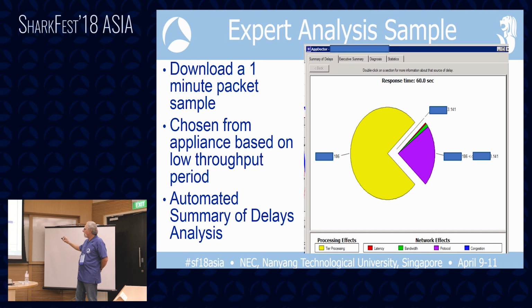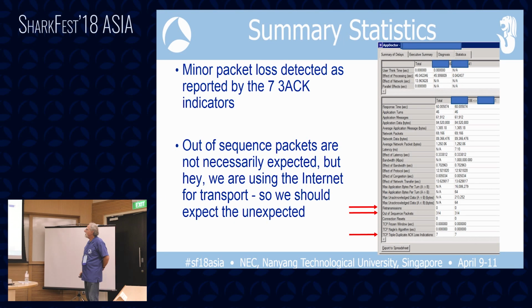And this particular view shows that about 75% of the delay is tier processing time in Amazon, and the rest of it is protocol delay. Now, I can't do anything about this because it's in Amazon, but I might be able to do something about that. So we're going to drill into the delay portion related to protocol. Some high-level statistics.